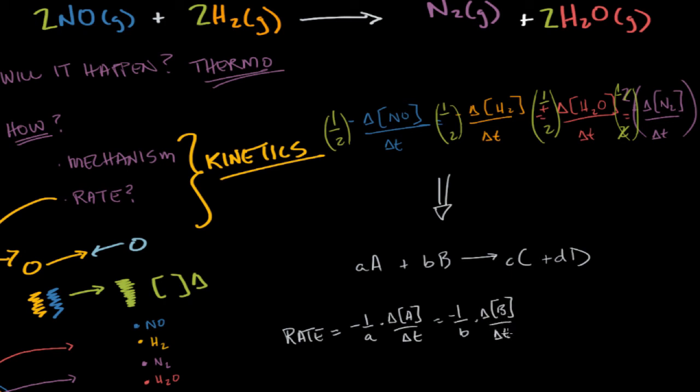And when you think about it, that looks just like it does in this top formula up here, because we started with 2 moles of nitric oxide and 2 moles of hydrogen gas, and we multiplied them by 1 over 2 and 1 over 2 respectively. We continue that with our C value, 1 over c times delta C over delta t, and then we have the exact same thing happening with our D value, 1 over little d times the change in concentration of big D over the change in time.